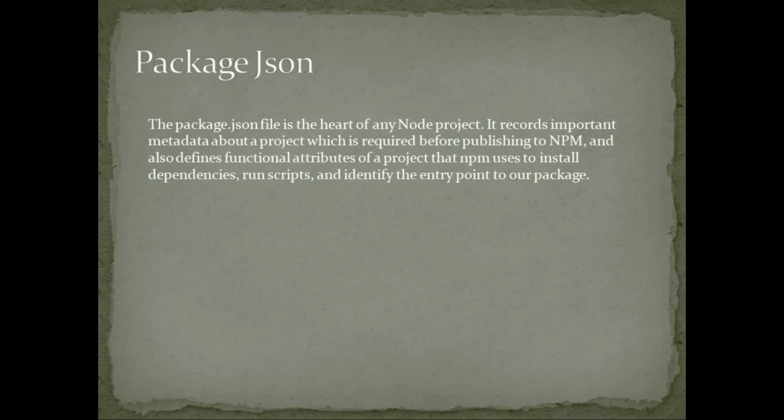Basically you have to mention all your dependencies in your package.json file. When you run npm install, it will fetch from your remote repository to your project. It also runs scripts, so you have to mention the scripts you want to run. Let's say you want to run npm start or npm test, you have to write all your scripts in package.json. You also have to identify the entry point of your package. Previously we mentioned that index.js is your entry point. So package.json is the most important thing in your project.